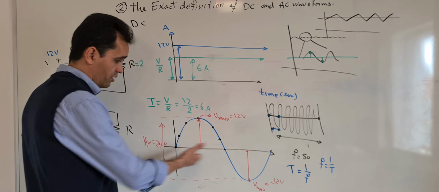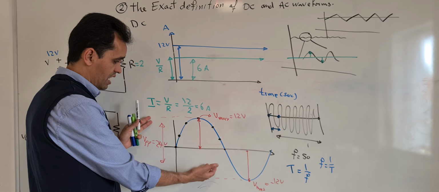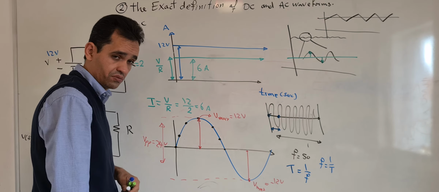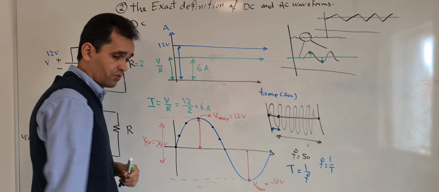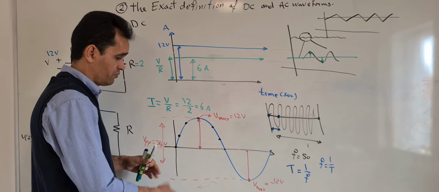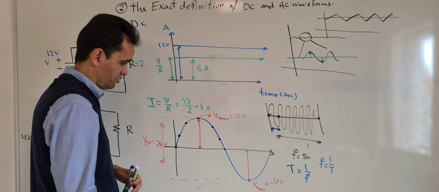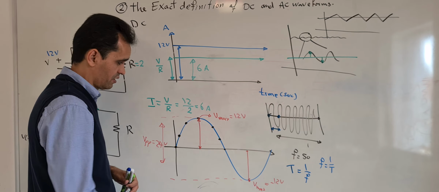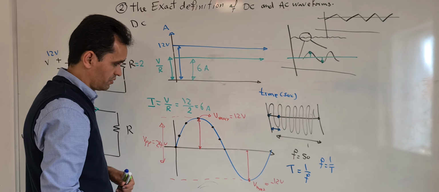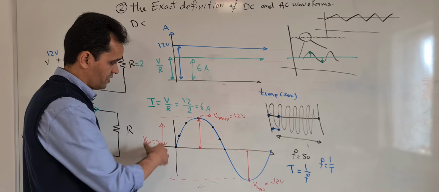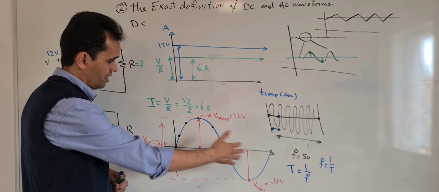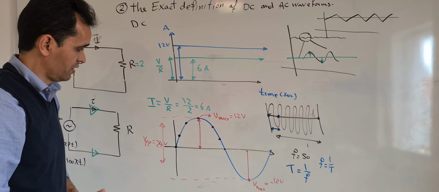We need to calculate the average. For example, the average for this signal will be 0. We will do something we call the RMS calculation, and we will learn in the future what RMS means, how it is useful and where we can apply it. So that's something we will do in the future. So for now you just need to know your wave signal.